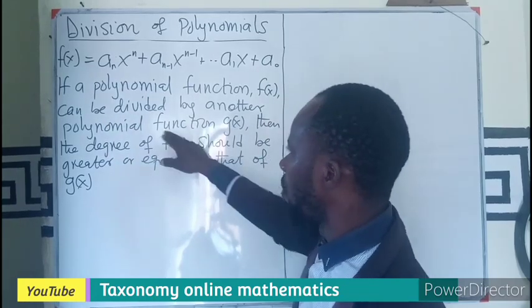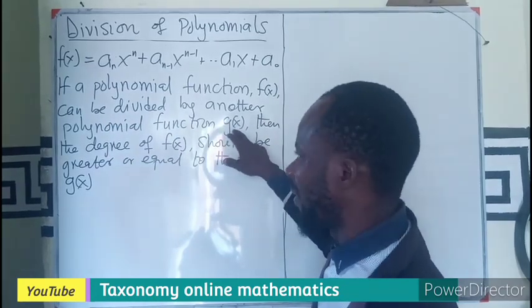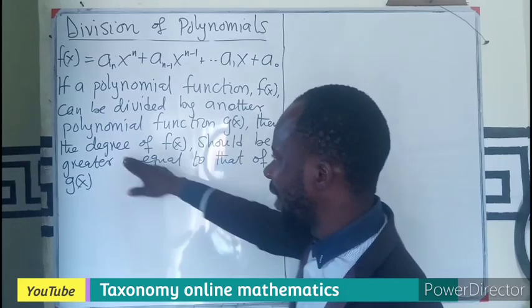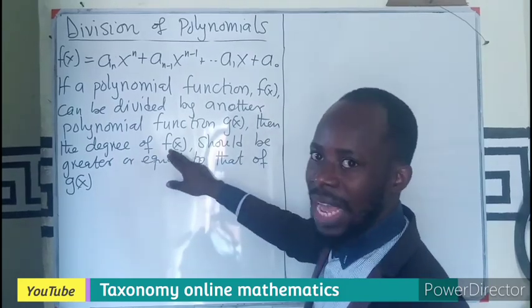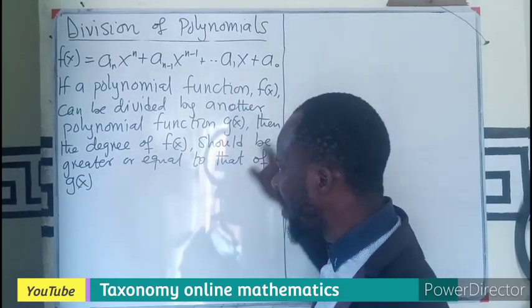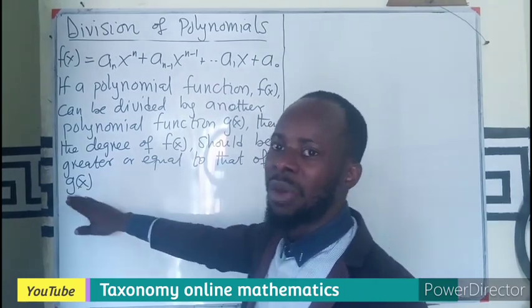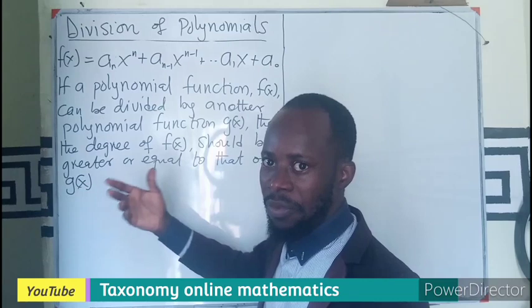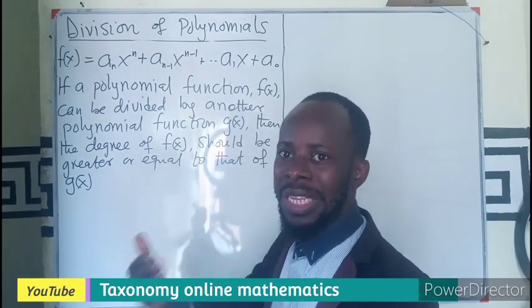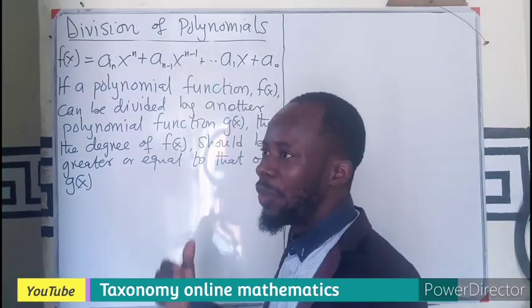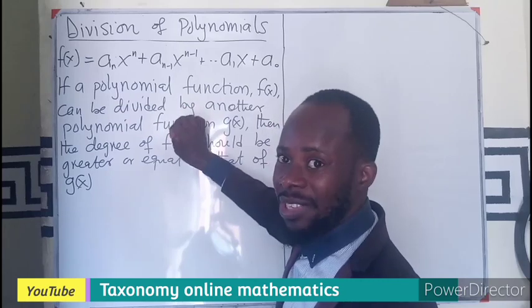by another polynomial function g of x, then it means that the degree of the function f of x should be greater than or equal to that of what? g of x. Simply put, if we send our mind back to rational functions, we can explain this concept here.